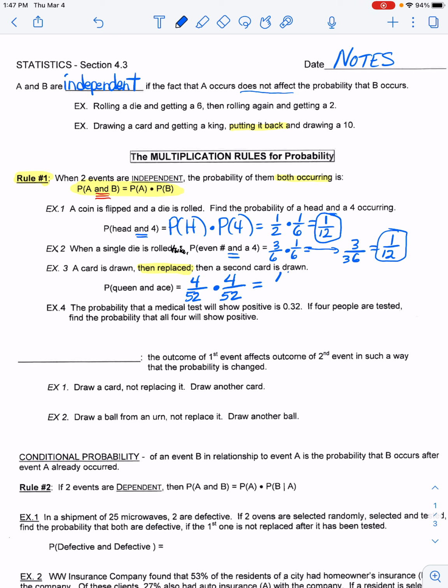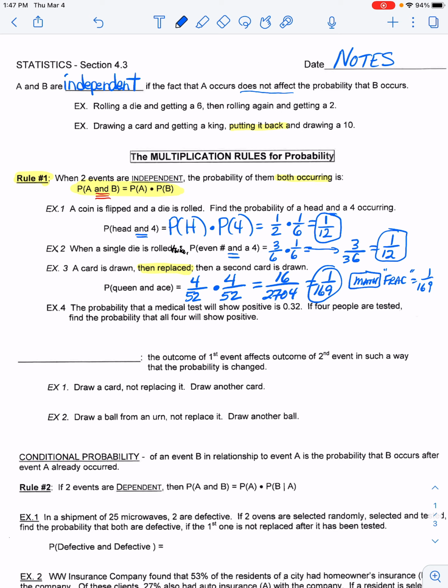If you don't, it comes out like 16 over 2704, and then that'll reduce also from there, 1 out of 169. If you do this division, 16 divided by 2704, and then do math on your calculator and then frac, that will reduce it for you. So if you get something too big, you could always try the math frac and see if that'll help you.